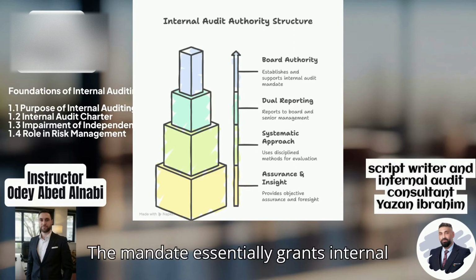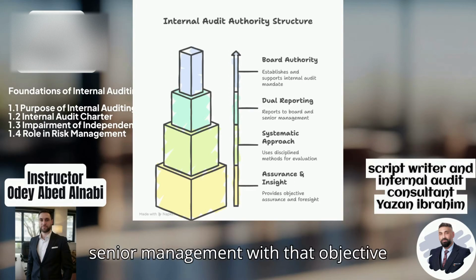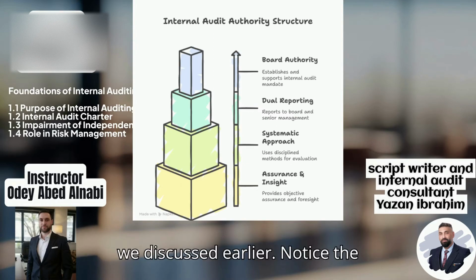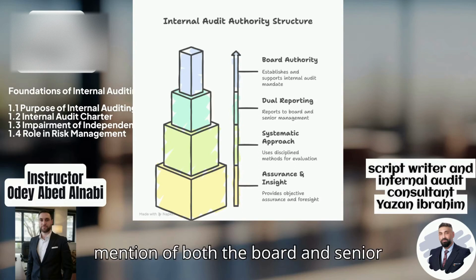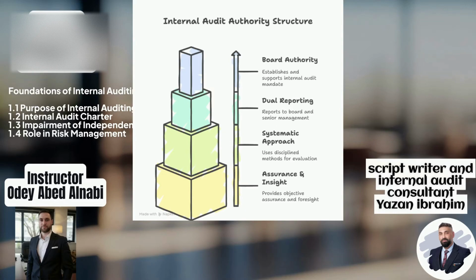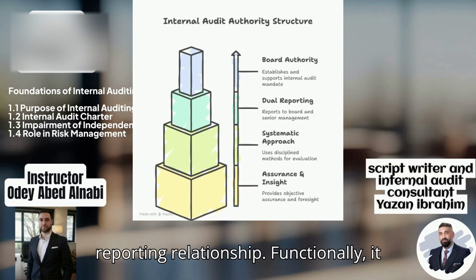The mandate essentially grants internal audit the right to provide the board and senior management with that objective assurance, advice, insight, and foresight we discussed earlier. Notice the mention of both the board and senior management. This highlights an important structural element. Internal audit typically has a dual reporting relationship.